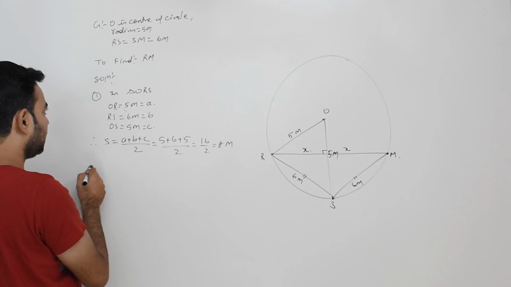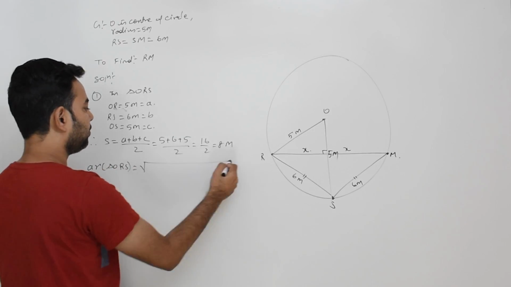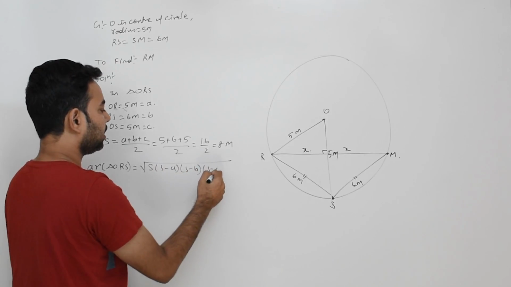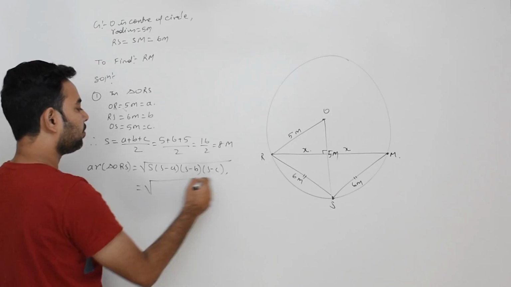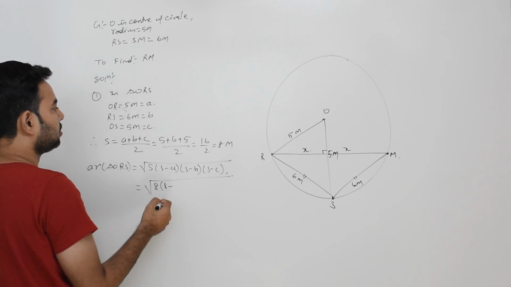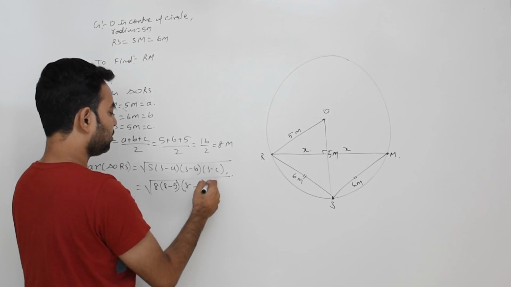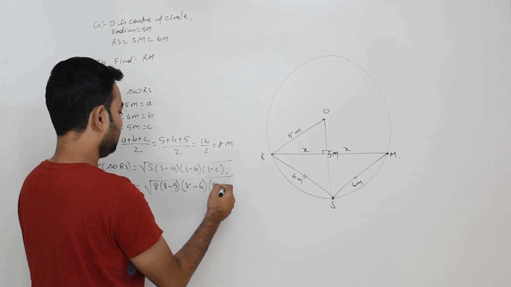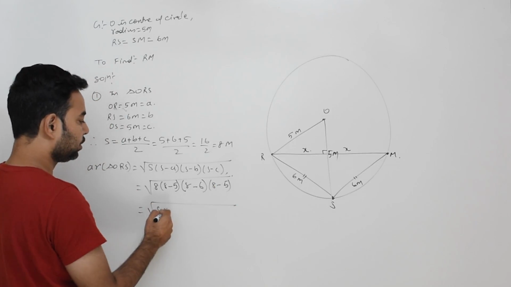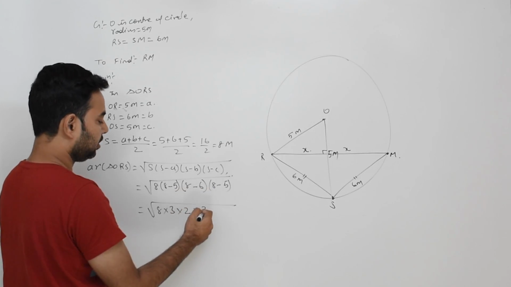After getting that, the area of triangle ORS will be given by root of S into (S minus A) into (S minus B) into (S minus C). S is 8, into 8 minus A is 5, into 8 minus B is 6, into 8 minus C is 5. So it will be root of 8 into (8 minus 5 is 3) into (8 minus 6 is 2) into (8 minus 5 is 3).